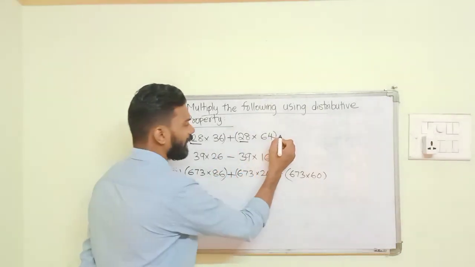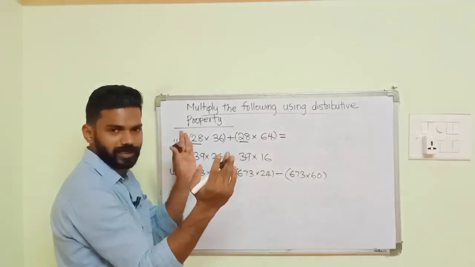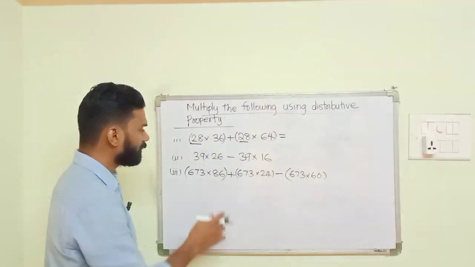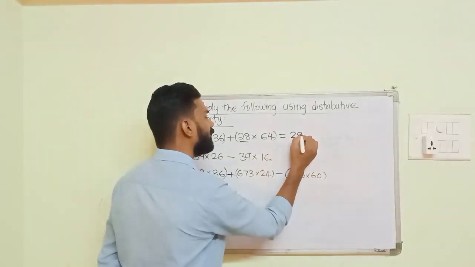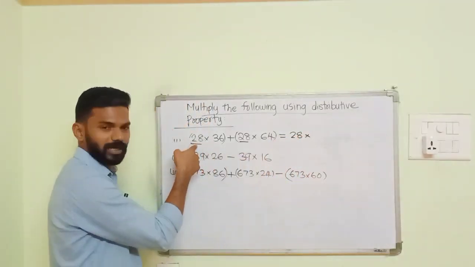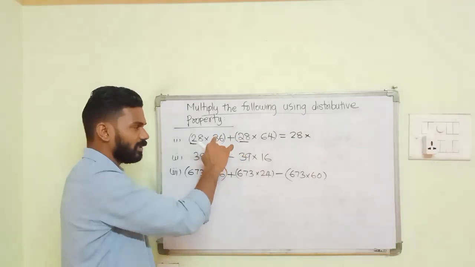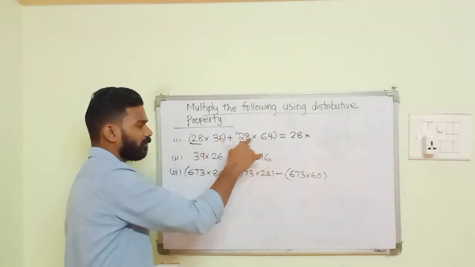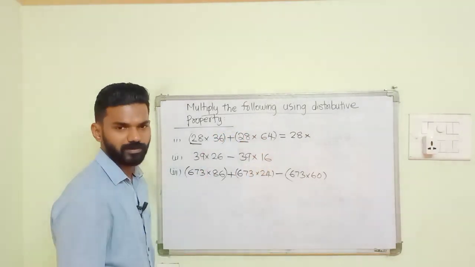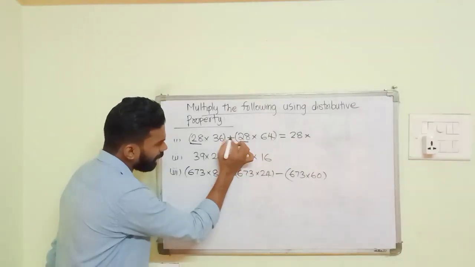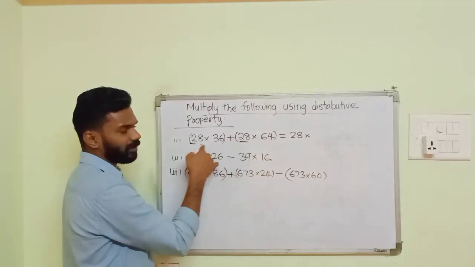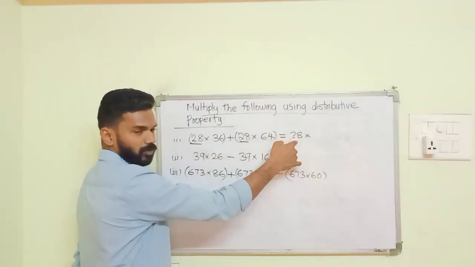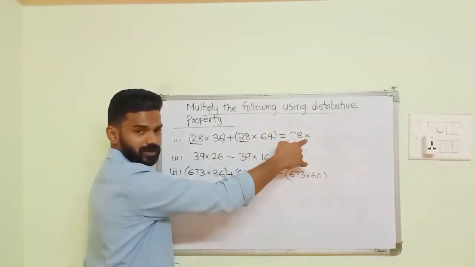So this form can definitely be written into a short form, in which 28 into that can be written outside, because that is the common number multiplied or distributed among both these numbers 36 and 64. After which they are added. So you can put 28, which is the common number, outside, and put into side.